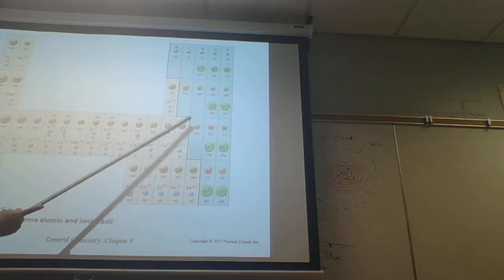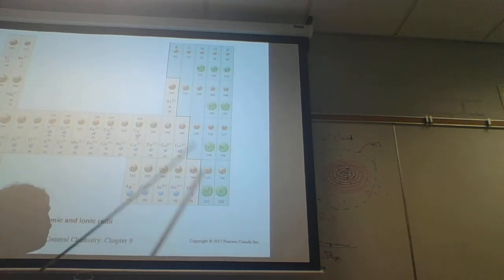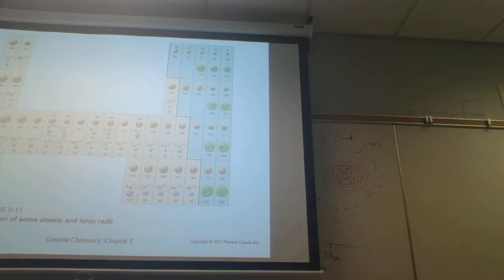What makes fluorine smaller? Fluorine's got more protons, it's got more electrons, it's got more neutrons. So it's got more of everything. Why is it smaller? Shouldn't fluorine be a lot bigger than lithium? No, it's just the opposite. Well, that doesn't seem to make sense.